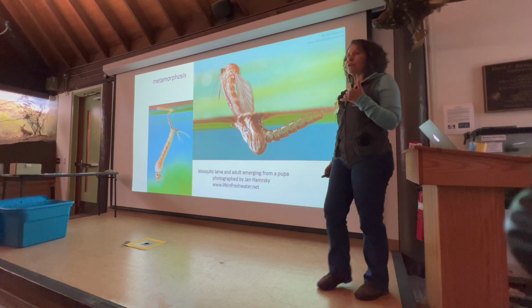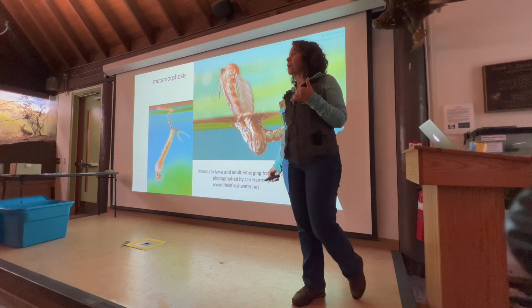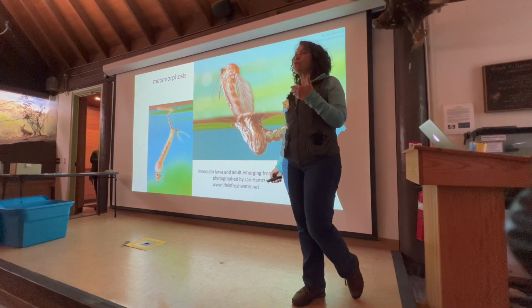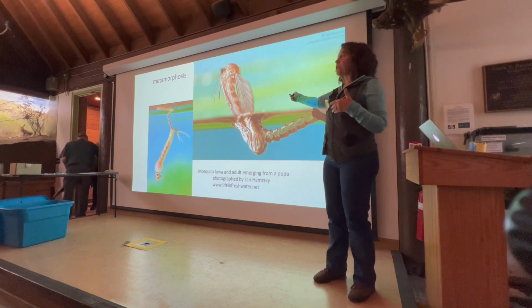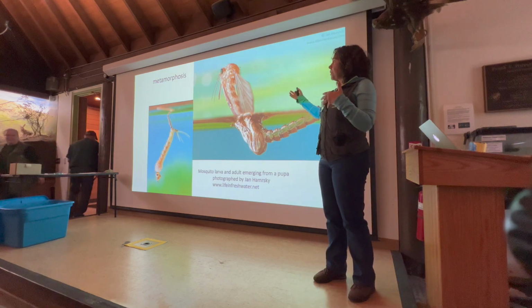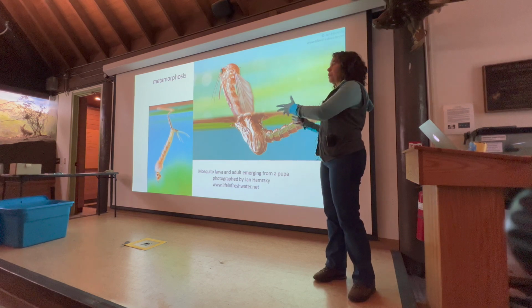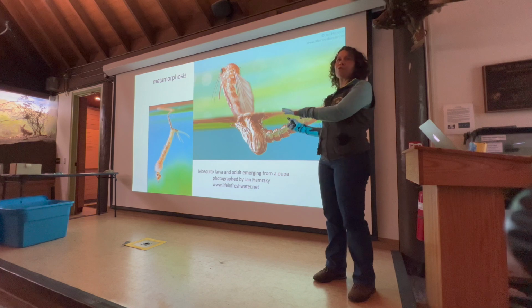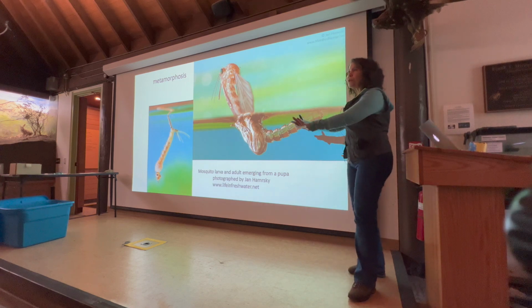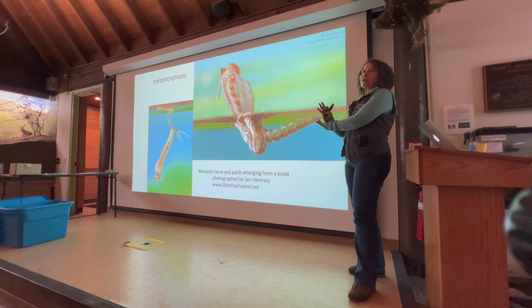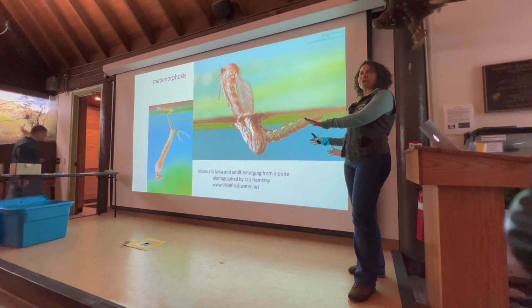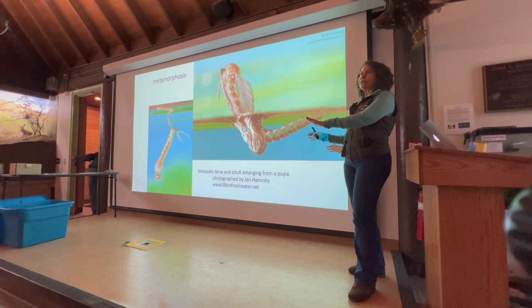So I'm going to talk a little bit about what kinds of things we might find in the stream. If you go in the interpretive center, you'll see we have a stream bed display with pretend water and water creatures inside, which are many times bigger than they really are naturally, so that they're really big to see.